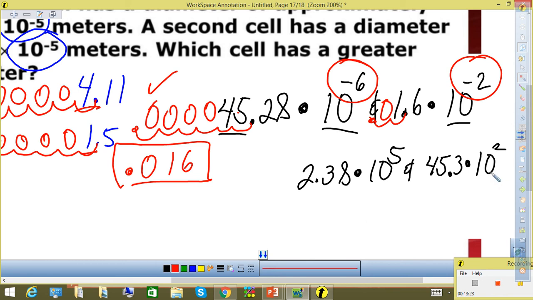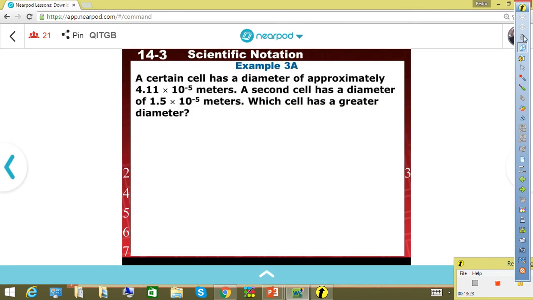In this case, it's not this one because these are positive exponents. So the biggest number will be this one. Everyone understand? So the smaller exponent being bigger only qualifies when it's a negative. Does everybody understand? All right, let's see if you can do this next one by yourself.